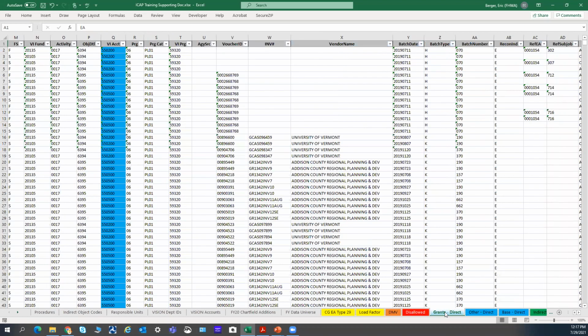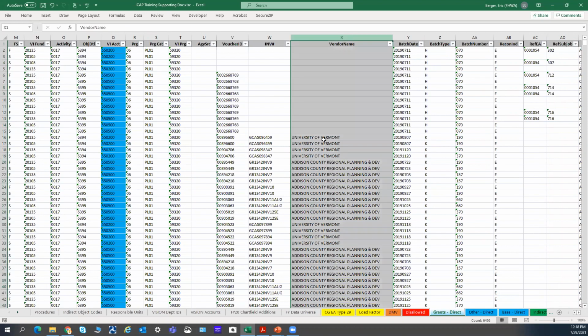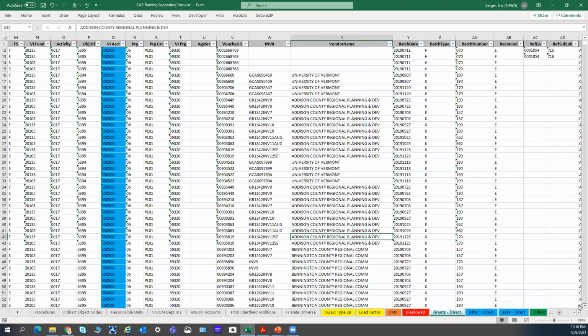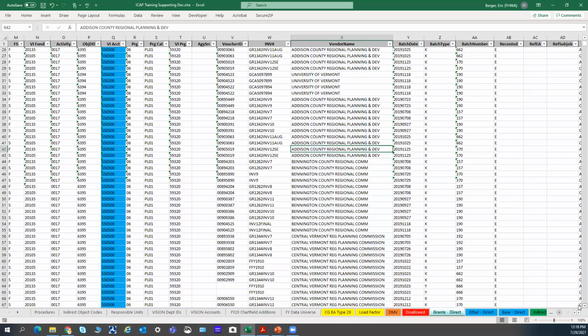Here they have grants direct. So this is grants that they're providing out to a vendor. Here's the University of Vermont. Here's a county regional planning, all of this. And they've recognized this. It isn't really part of their calculation other than to segregate.